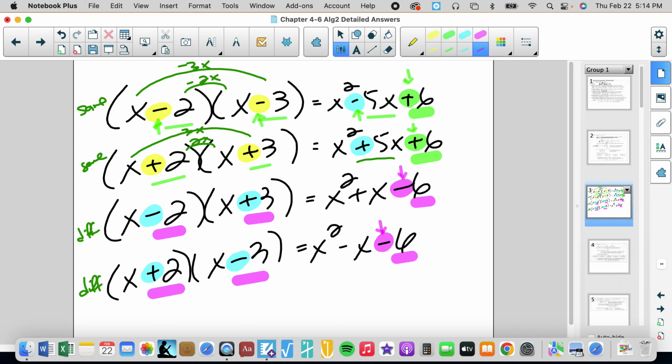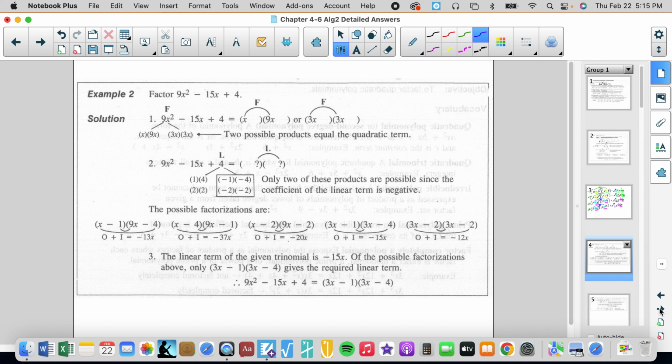And then we notice that our outside is +3, our inside is -2, so we ended up with more positives. This tells me my bigger of the two is positive. This is -3x and this is +2x, and that means we had more negatives than positives, so the bigger product is going to be that. So we take advantage of that information when we work backwards.